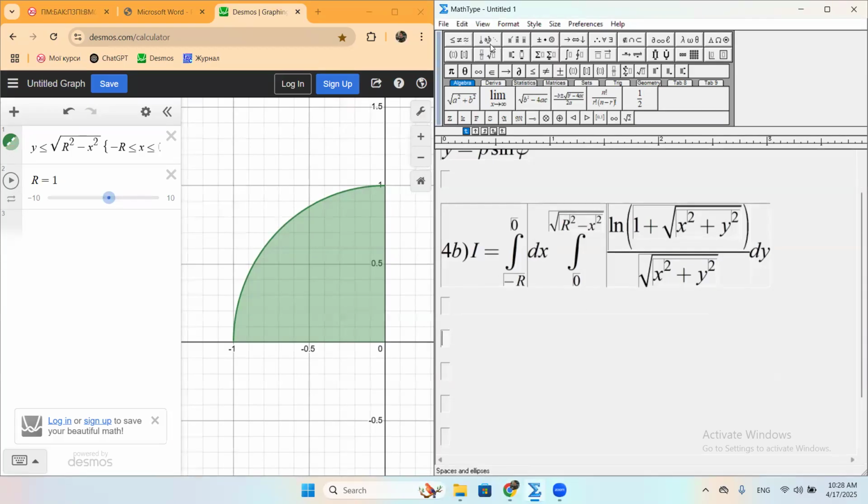So what does it mean? In this case, phi is from pi over 2 to pi.